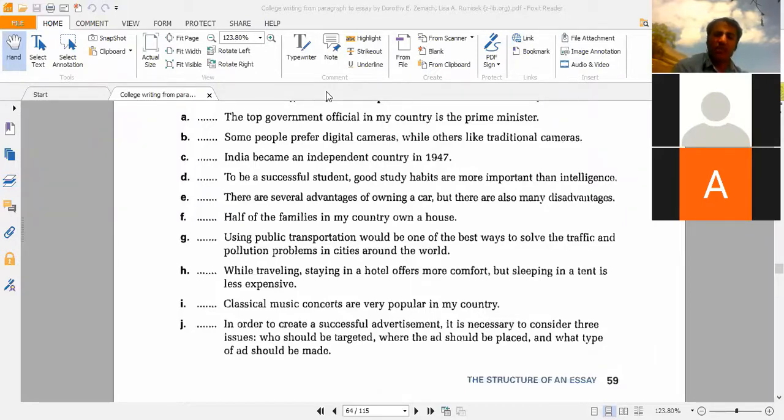In order to create a successful advertisement, it is necessary to consider, this is the last statement we are talking about. In order to create a successful advertisement, it is necessary to consider three issues: who should be targeted, where the ad should be placed, and what type of ad should be made.